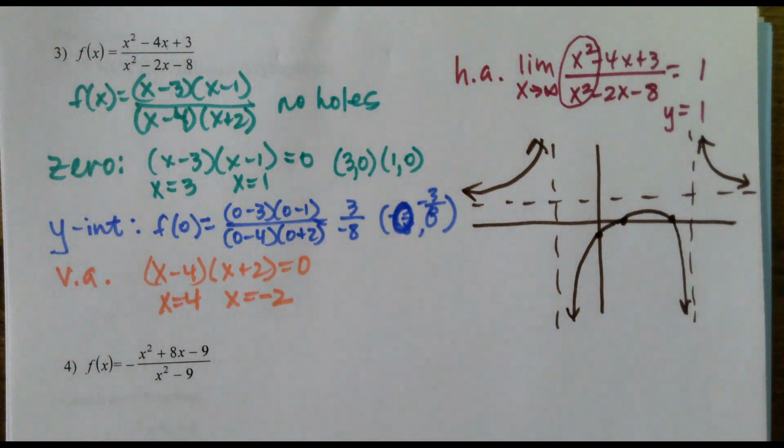Yes. So you said it needs to cross the horizontal. Yep, it can. And this might go up here and cross. I don't know. I'm not picking points, so I don't know exactly how high that value is there, and I don't really care. I just want to get a general look at the graph. So when we do the ones that twist through, those are the ones that for sure cross.